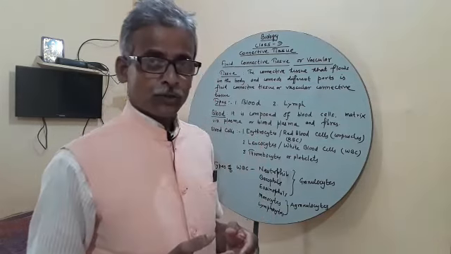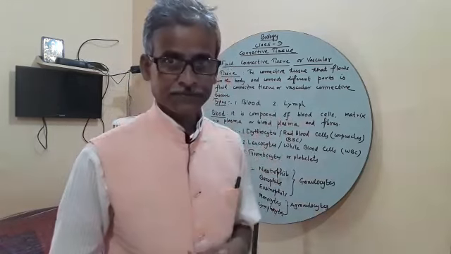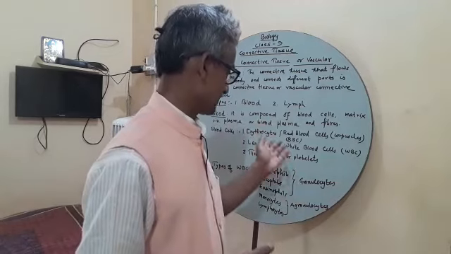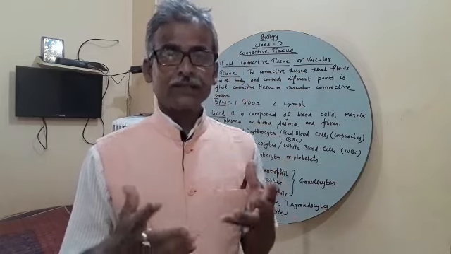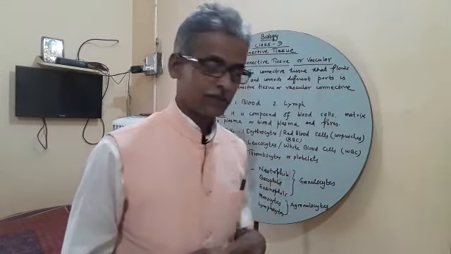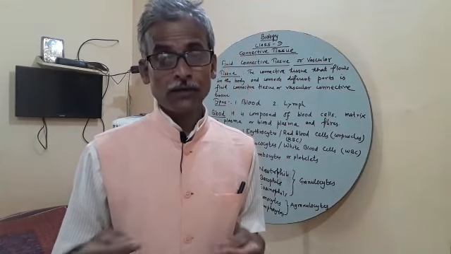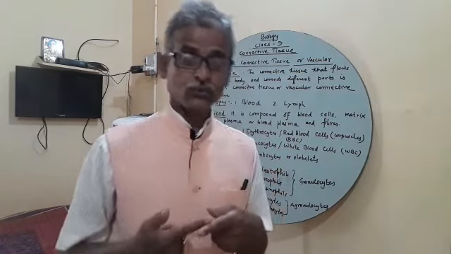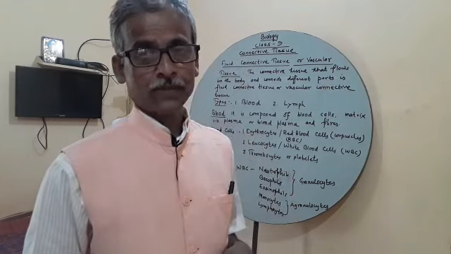We shall study more about the structures, how the cells of erythrocytes, leukocytes and thrombocytes look, what the normal ratio of these WBCs is, and how much of erythrocytes, leukocytes and platelets are found in a normal person.